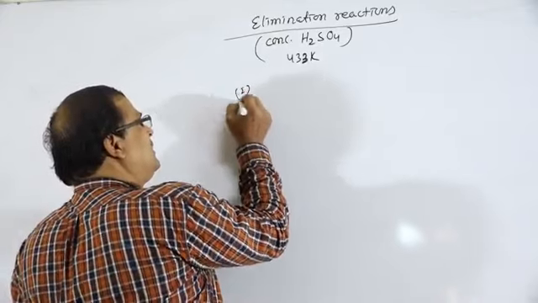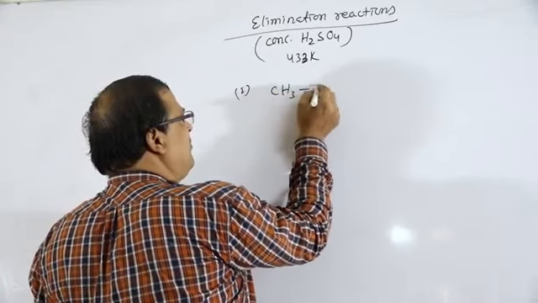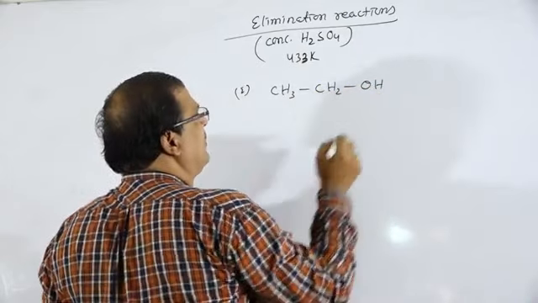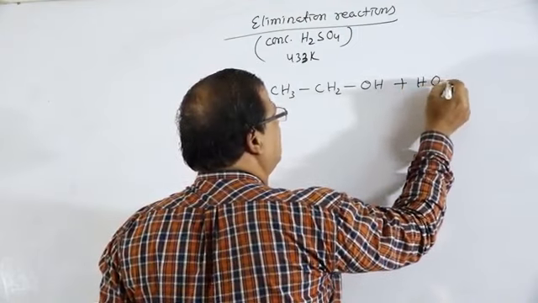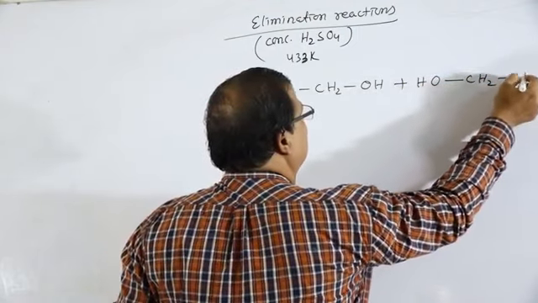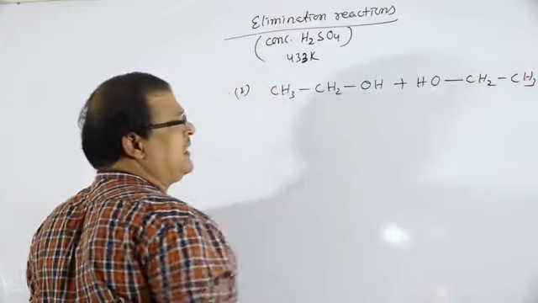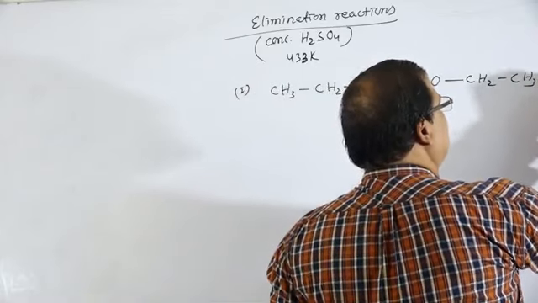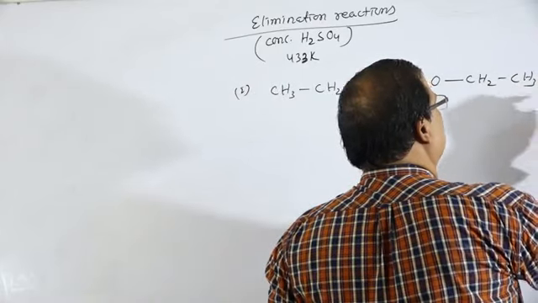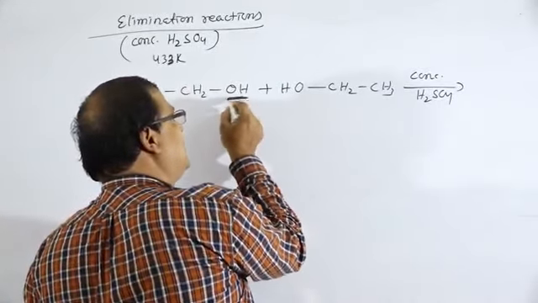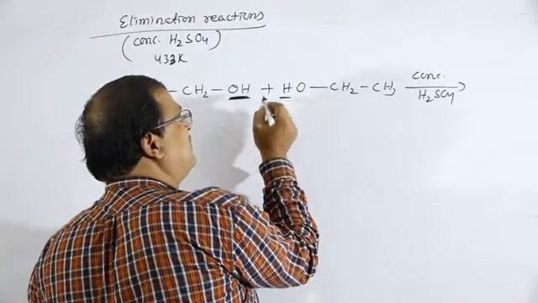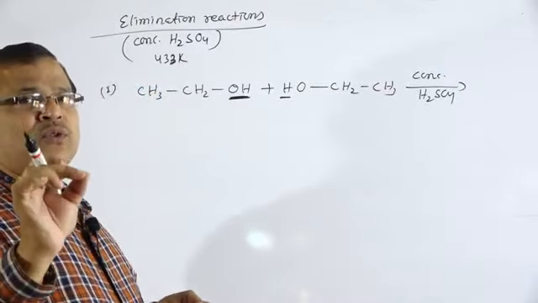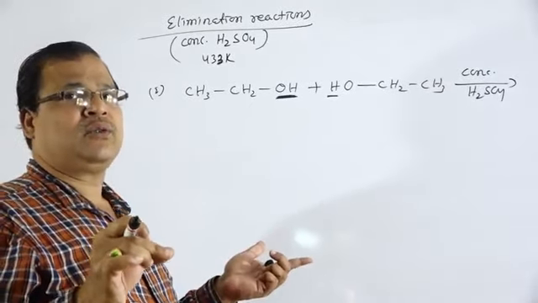The first one, for example, CH3CH2OH, that has been treated with concentrated H2SO4, with excess of alcohol taken. The OH part of one alcohol and the H part of another alcohol: one will show the reaction due to the H part and another will show the reaction due to the OH part.